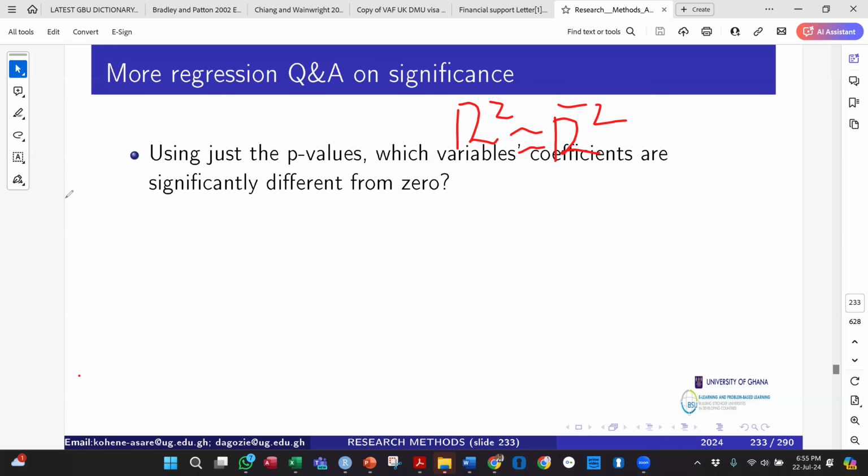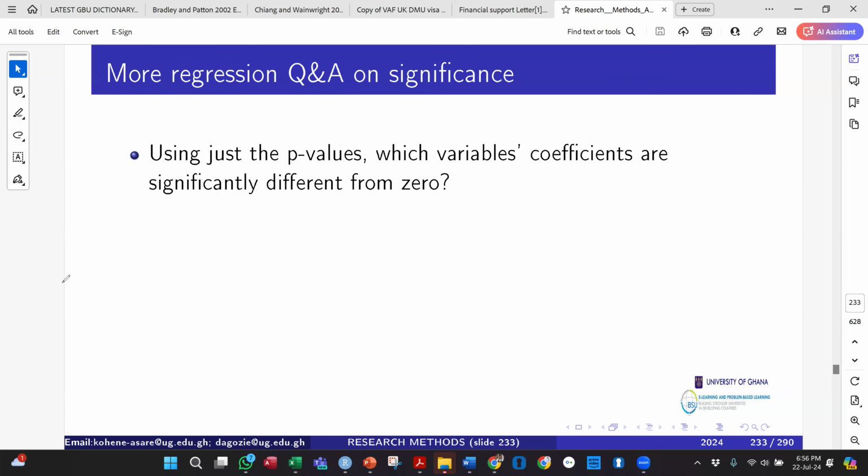Using just the p-value, which variables are significant, which variables' coefficients are not significant? When we say a variable is significant, what we mean is that that variable is good in predicting the dependent variable, the outcome variable, the response variable.